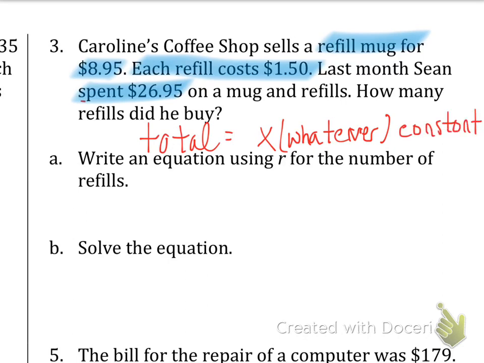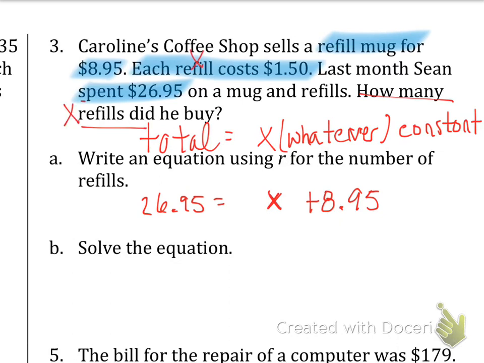So, last month her total was $26.95. Her constant was that it cost her $8.95 for the mug. Then each refill, which is what we are looking for, is our unknown.